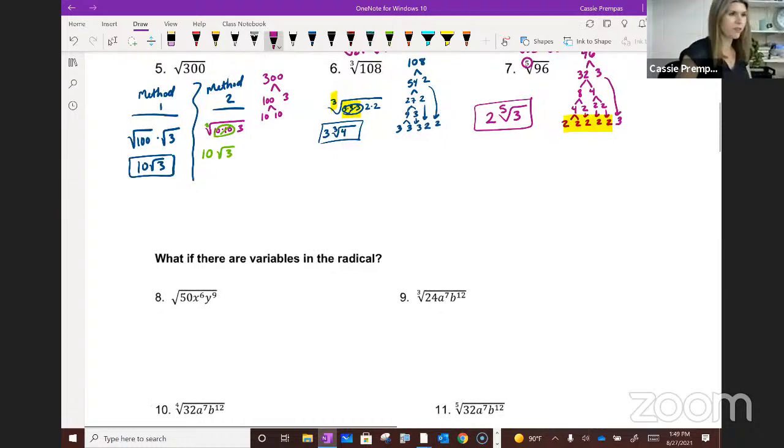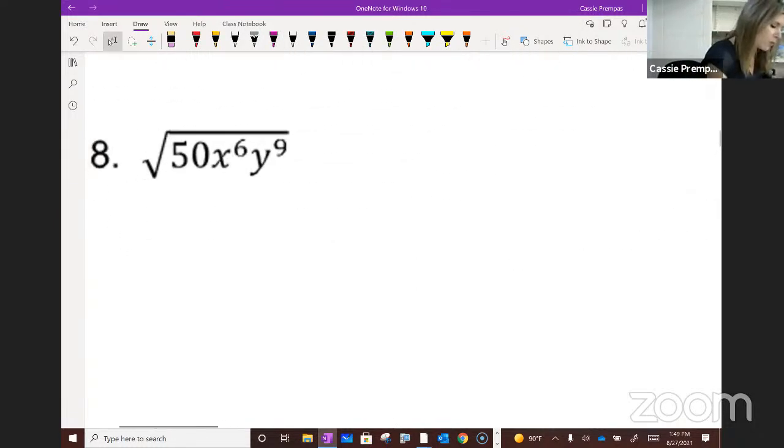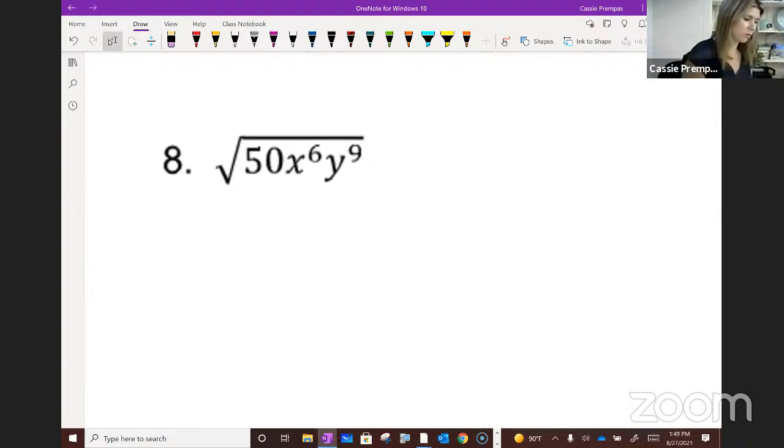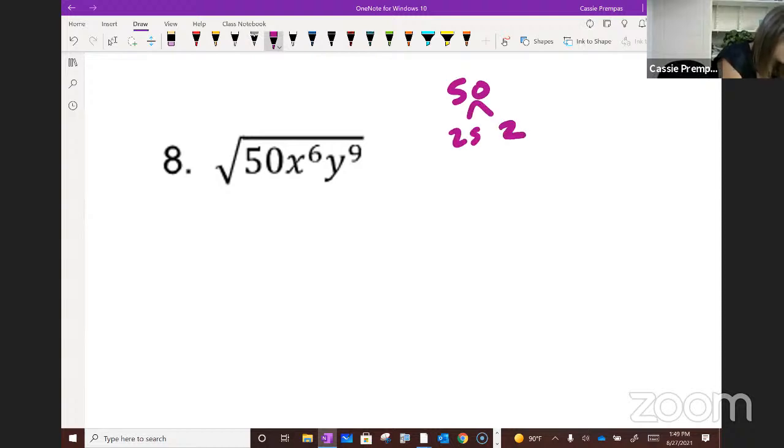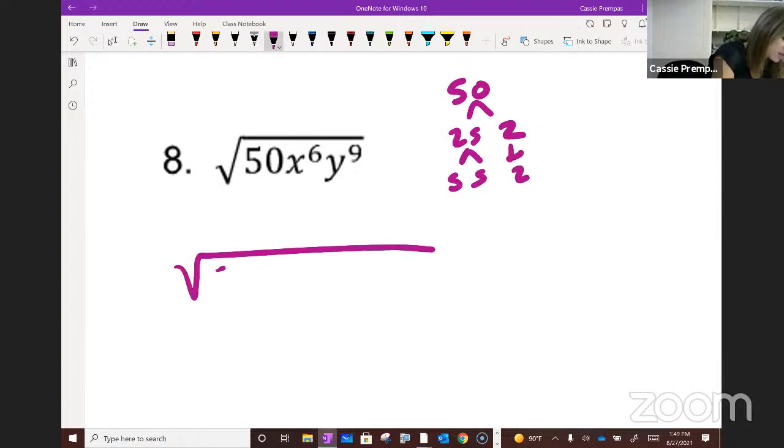What if there are variables in the radical? Same thing. Let's think about what we have been doing using method 2. Method 2, we were factoring it down. If I factor down 50, 50 is 25 times 2. 25 is 5 times 5. So if I think about the square root of 50, I could write 5 times 5 times 2.